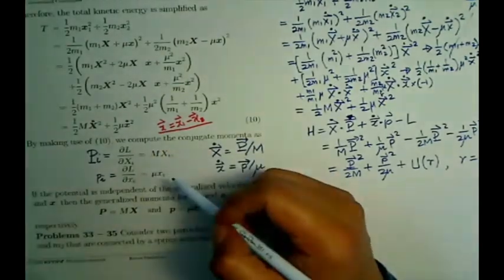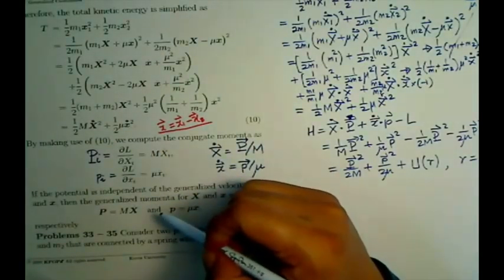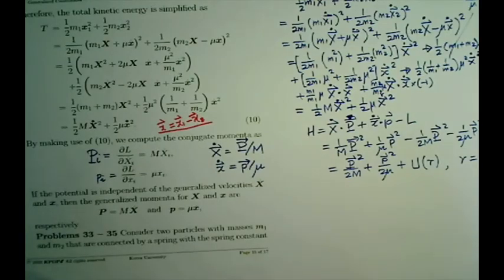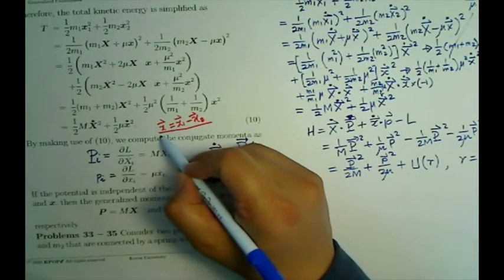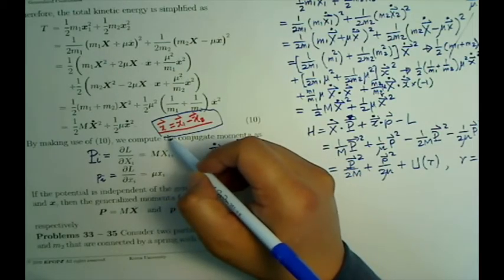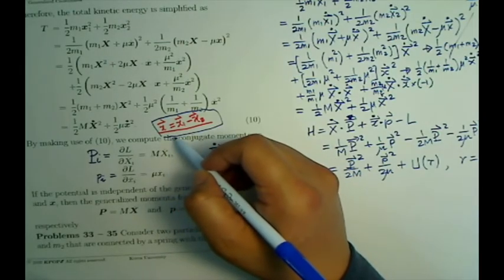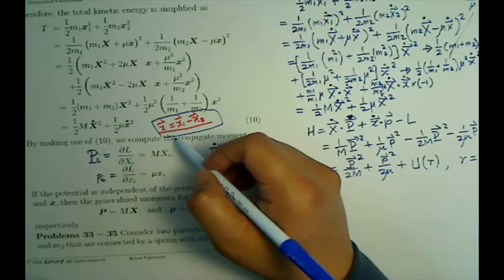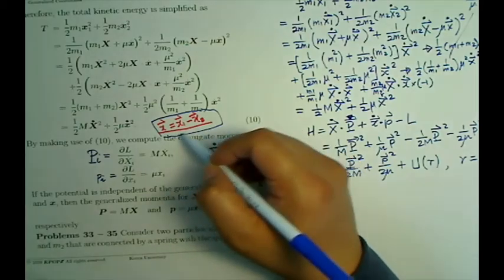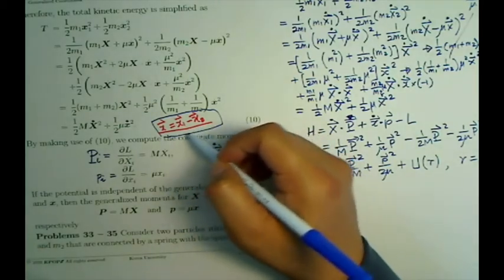By making use of this, we can construct a Lagrangian in terms of these new generalized coordinates. And please remember, the relative coordinate x is not the distance from the center of mass to a particle, but the displacement between the two particles.